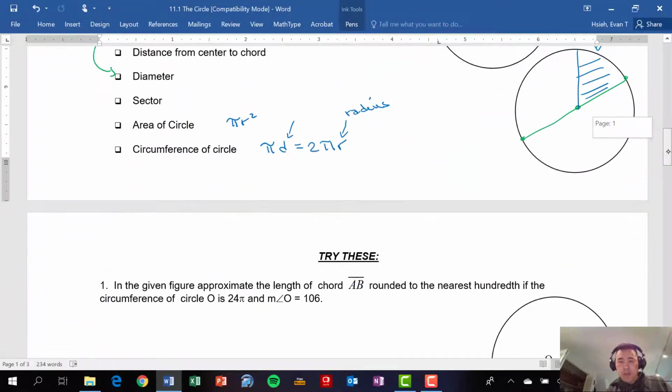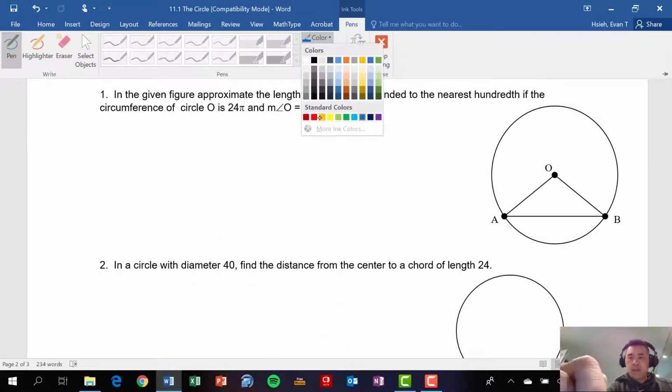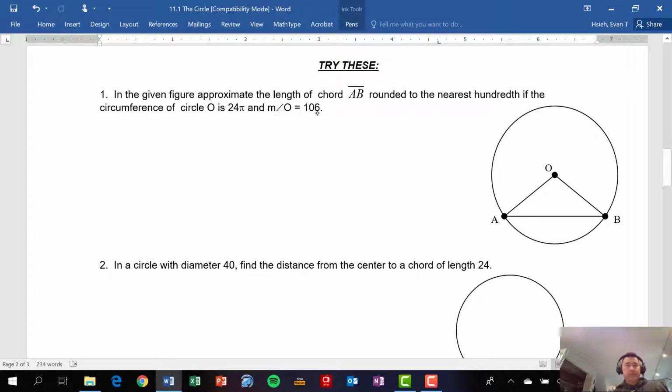Okay, let's jump over to the second side here and let's try some of the problems. So problem number 1 says approximate the length of the chord rounded to the nearest hundredth. That's because we're going to use trig here.